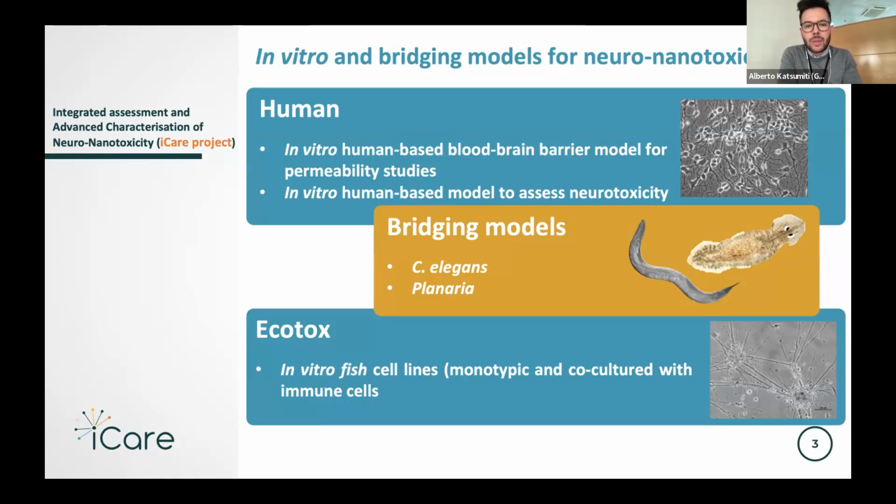We also have an in vitro human-based model to assess neurotoxicity. For bridging models, we're focusing on 2 species: C. elegans and planaria. The ecotox part is very focused on the development of in vitro models based on fish cell lines. We are talking about monotypic culture and also co-culture systems using, for example, immune cells.